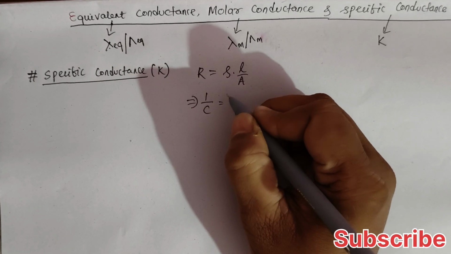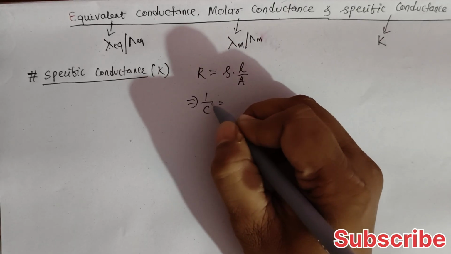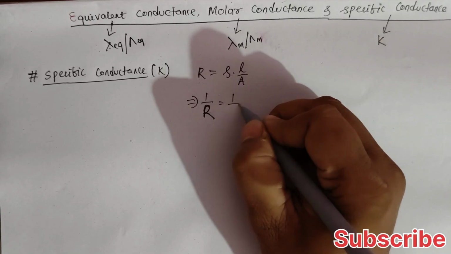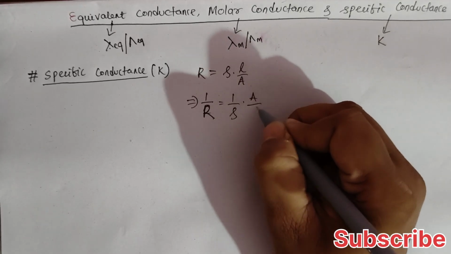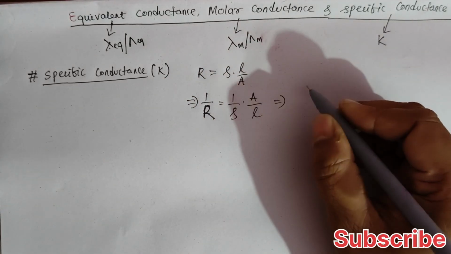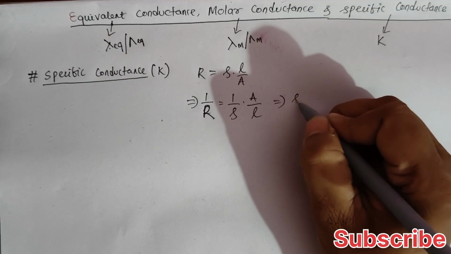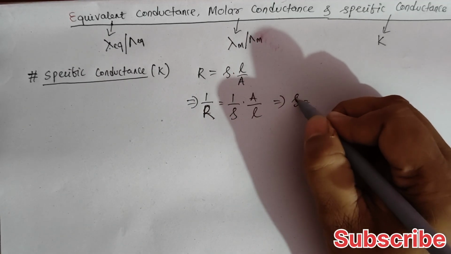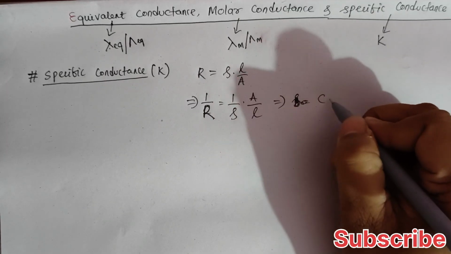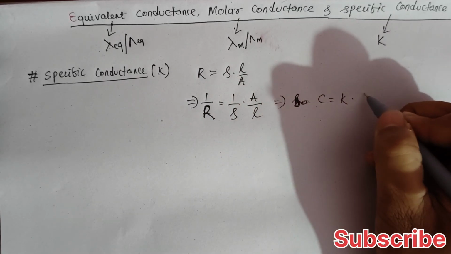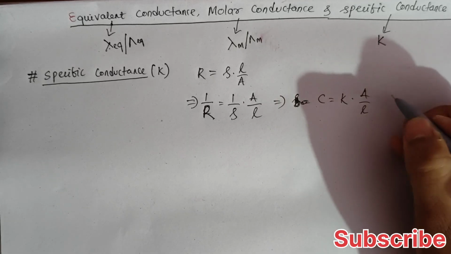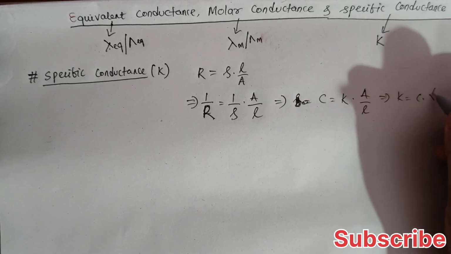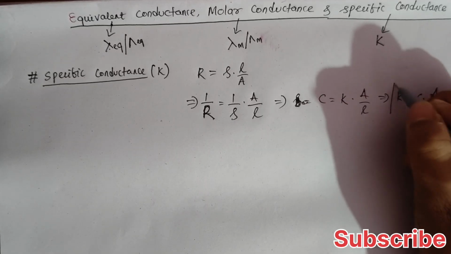Conductance. 1 by R is equal to 1 by rho into A by L. So 1 by R equals C, and 1 by rho is equal to A by L. That implies K is equal to C into A by L.